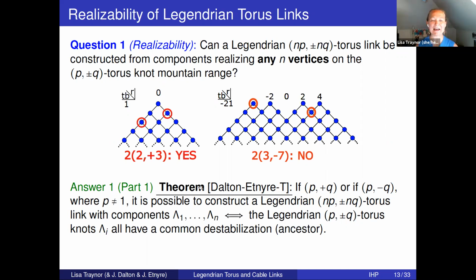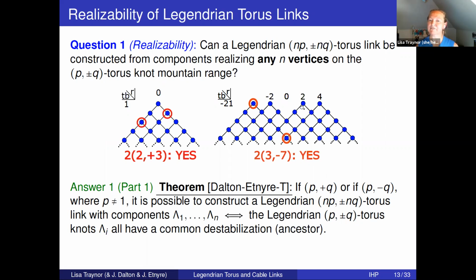So if the components are positive torus knots, or if they're negative but not an unknot, then that tuple can be realized as the torus link if and only if they have a common destabilization or common ancestor. So for this 6, minus 14, this is a problem.